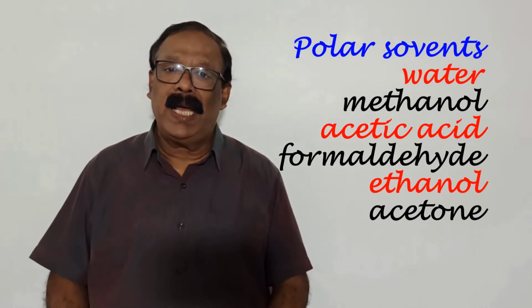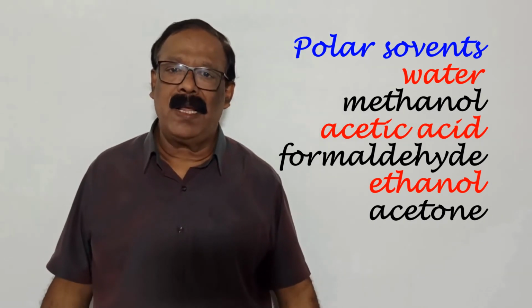If the bonded atoms are of similar electronegativity, or if the structure is symmetrical in nature, then the compound will not have any polarity, and such molecules are called non-polar molecules.